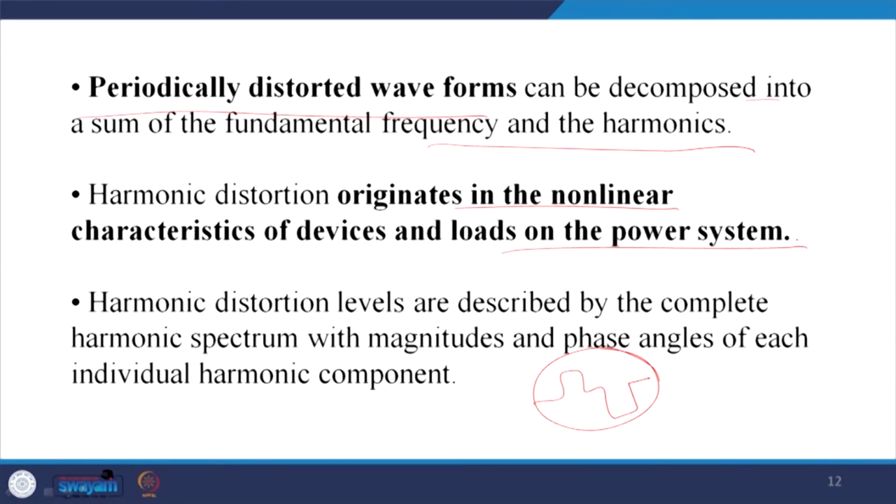A diode based rectifier, thyristor, or AC to DC converter will all cause harmonic distortion. Harmonic distortion levels are described by the complete harmonic spectrum with the magnitude and phase angle of each individual harmonic component. So, we will split it like this.